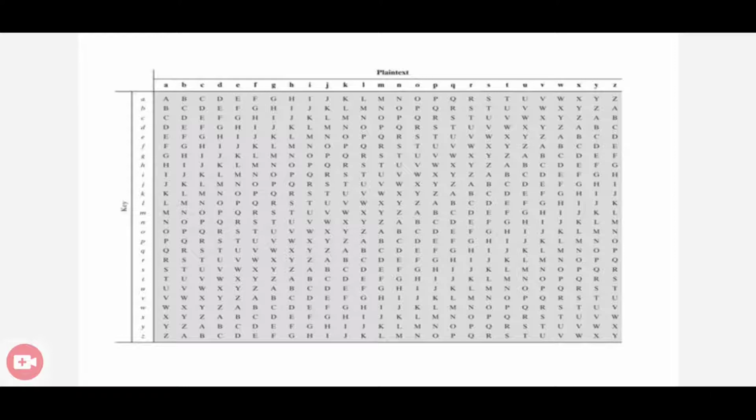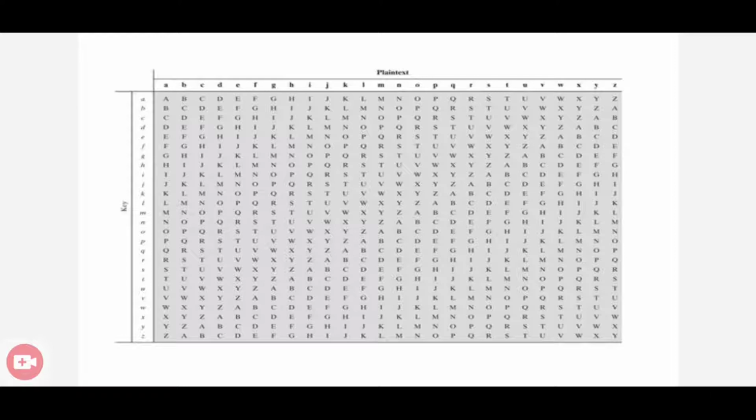That is, if we are using the plain text A with the key A, at the left side you can see A versus A, and the output is capital A. So, plain text A is encrypted by using the small a key. What we get is capital A.